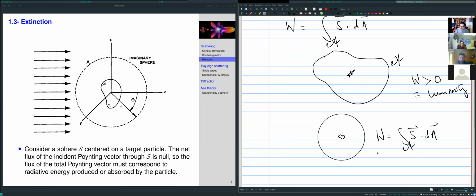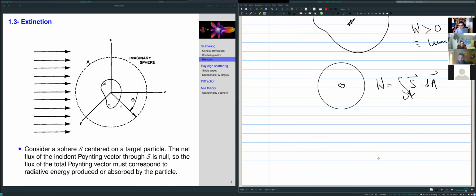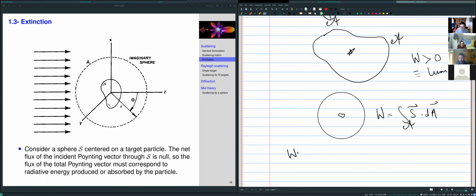Now, what happens if it turns out that W is negative? What would be the interpretation of it? I'm gonna put it the other way around. I'm gonna say what happens at first. Let's see what happens if W is positive. We have the same situation as a star. We have net output luminosity.